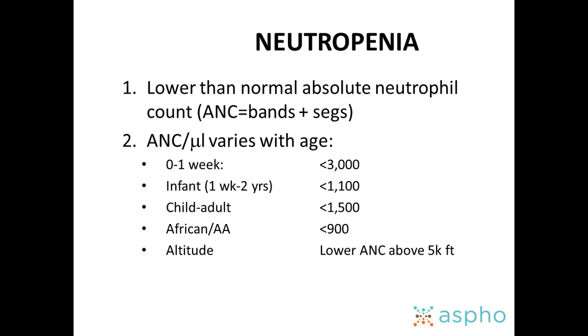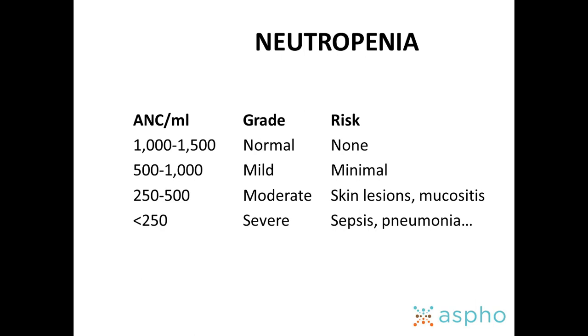And I think the thing that is very testable is that African Americans normally can have a lower ANC. So an ANC of 900 might be normal. And then altitude. I've never seen a question about someone who showed up in Denver with an ANC of 1,000, but it's possible.